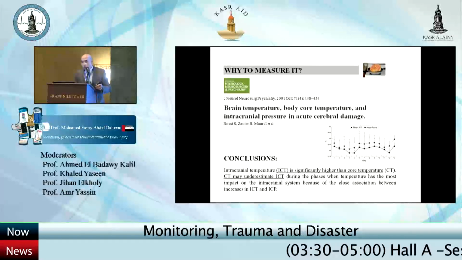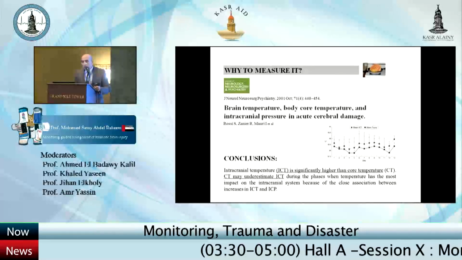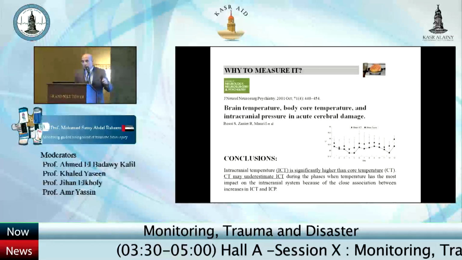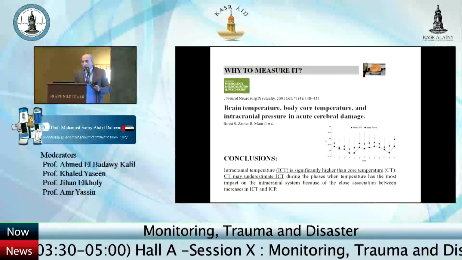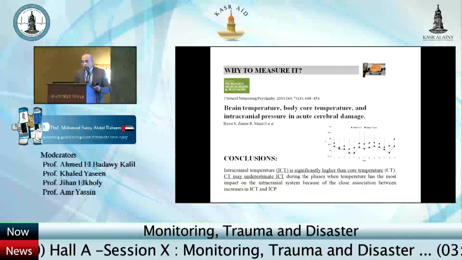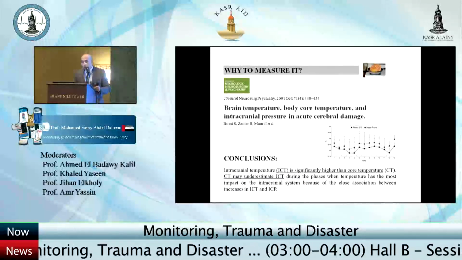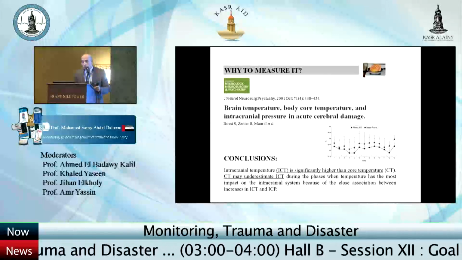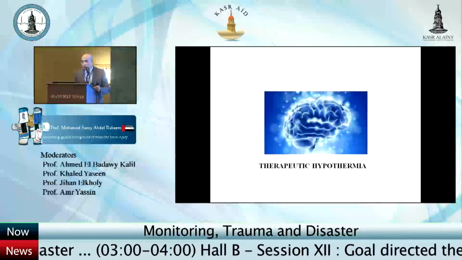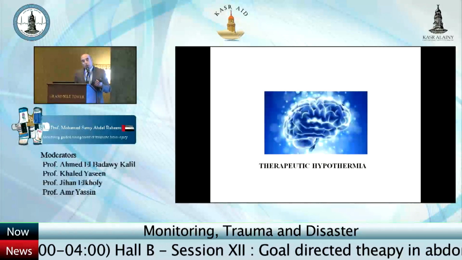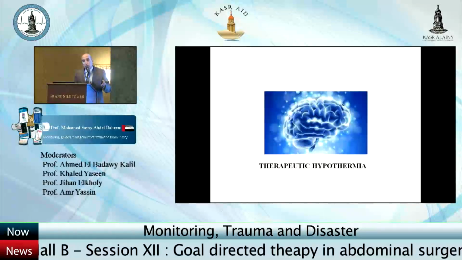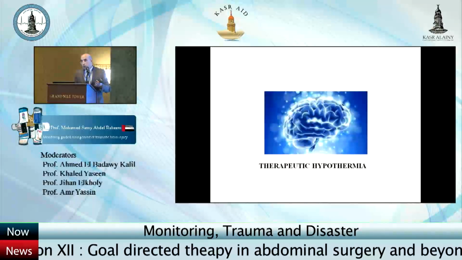And if we look at this study about brain temperature and body core temperature, we can see the difference between the two, and the conclusion was that intracranial temperature is significantly higher than core temperature, and that core temperature may underestimate intracranial temperature. So in that case, someone might argue, do we need therapeutic hypothermia?